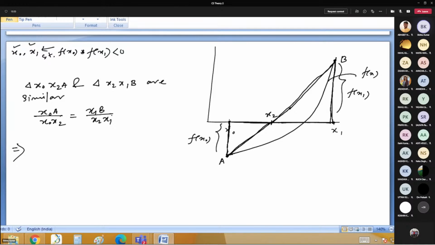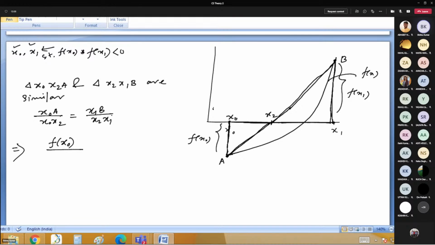X0 to A, that height is, what is the height? f of x0, isn't it? By the x0 to x2 distance. What is the distance?